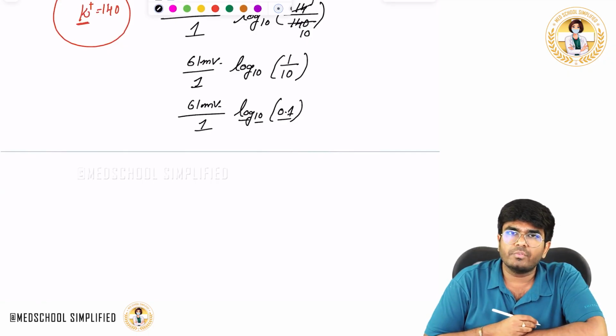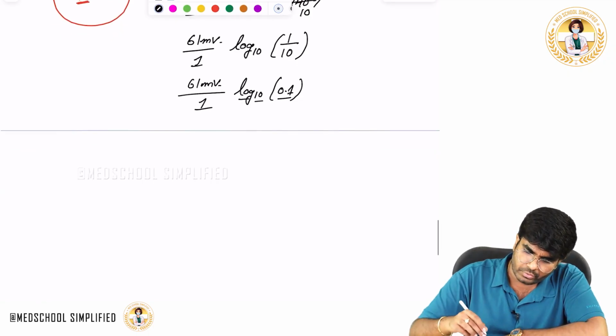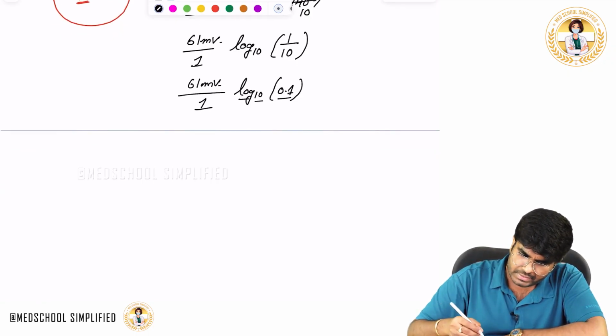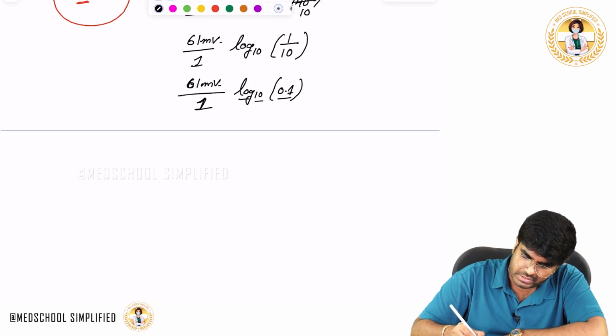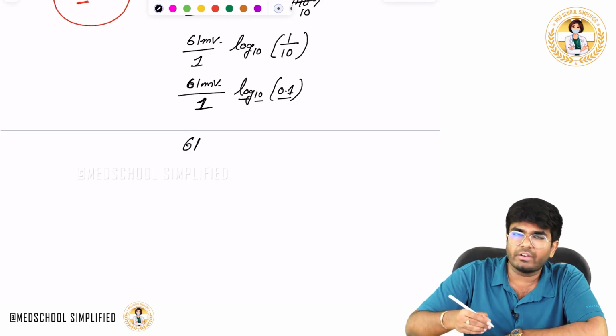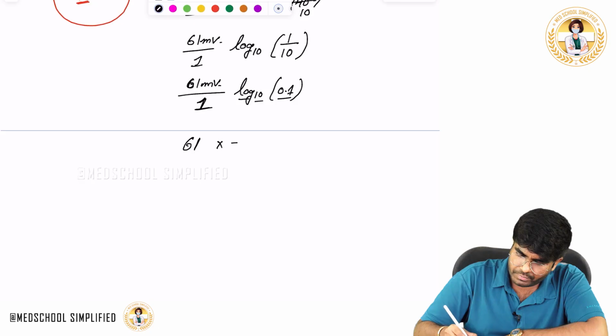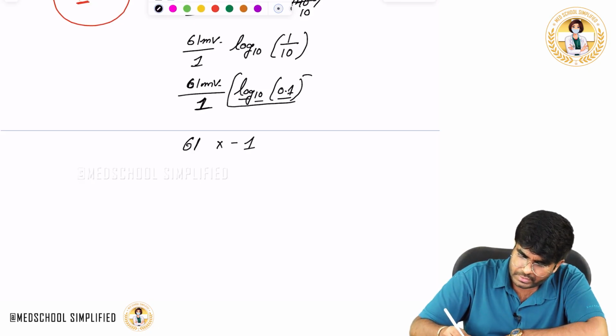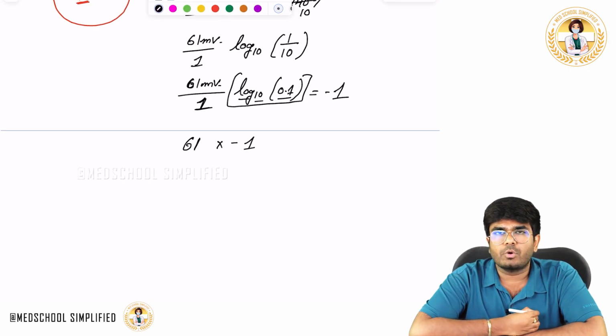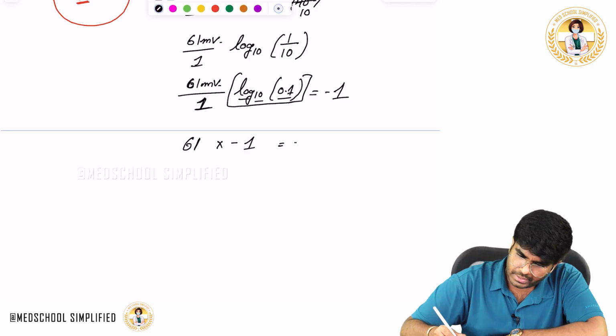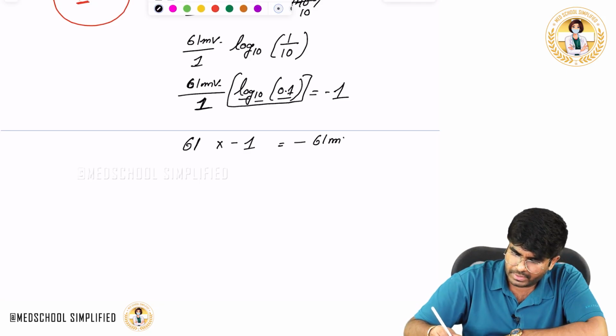If you check the logarithmic table, the value is going to be -1. So 61 divided by 1 is 61, and 61 into -1, log base 10 of 0.1 being -1, gives -61 millivolts.